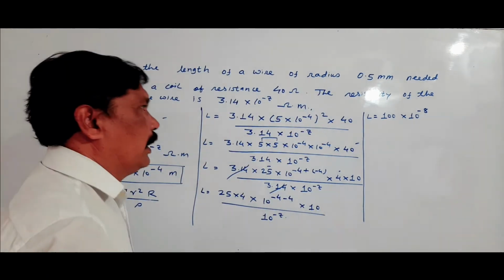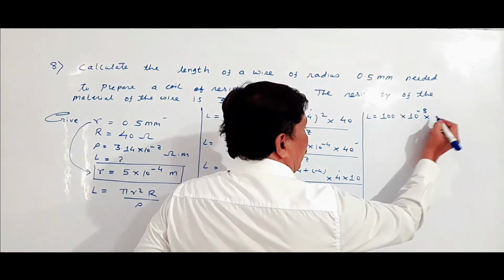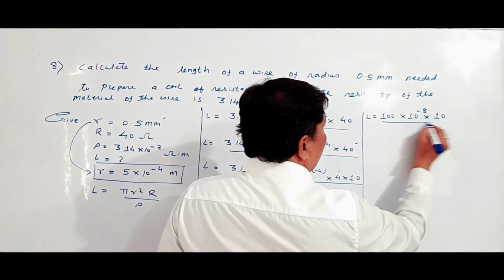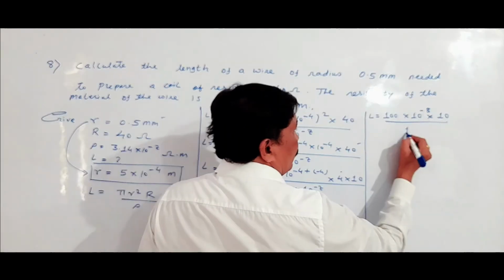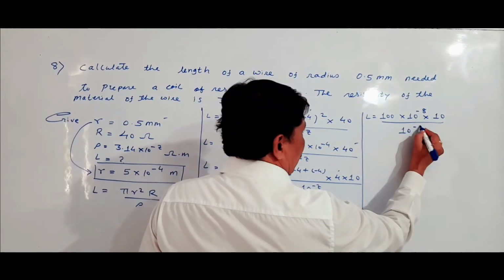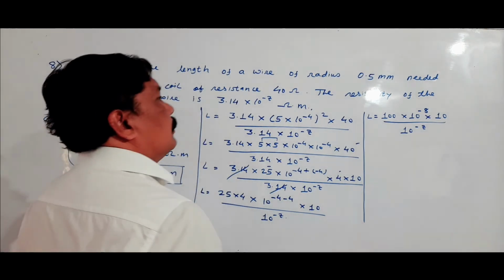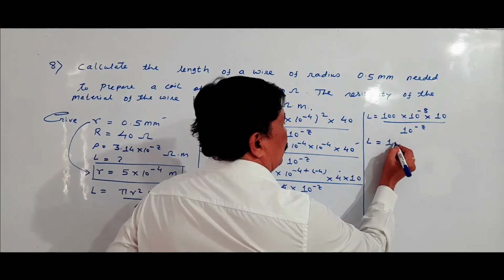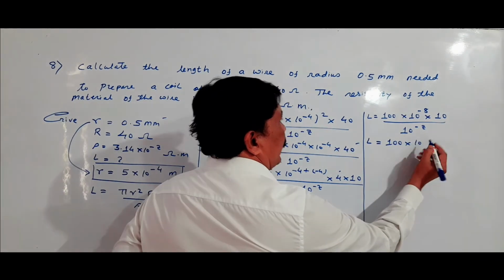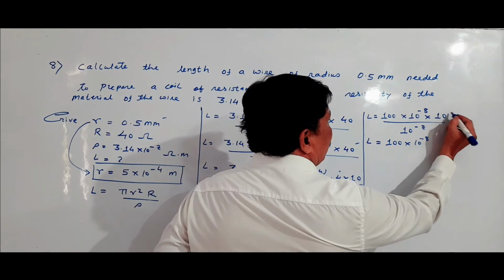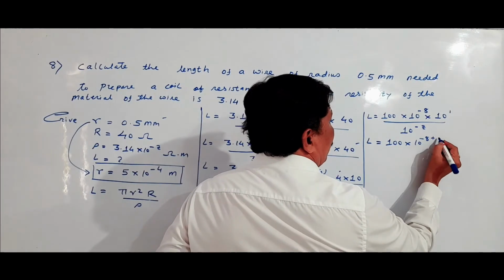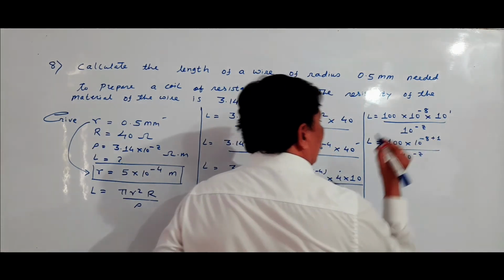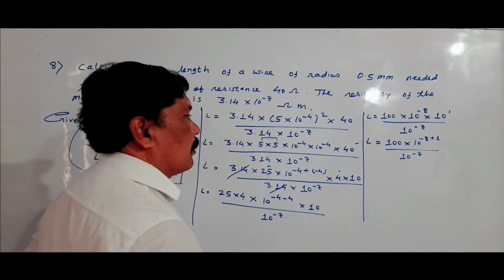4 plus 4 is 8, into 10, divided by 10 to the power minus 7. L is equal to 100 into 10 to the power minus 8 plus 1, upon 10 to the power minus 7.